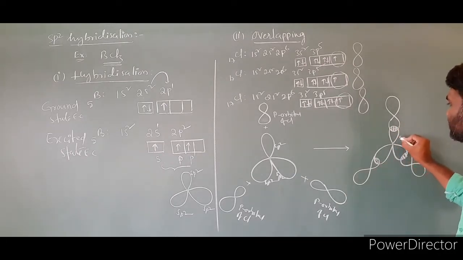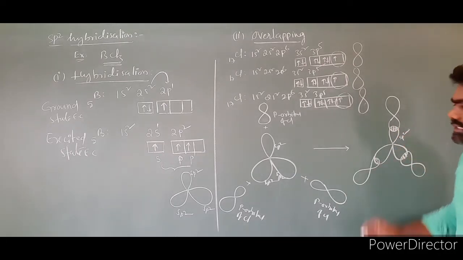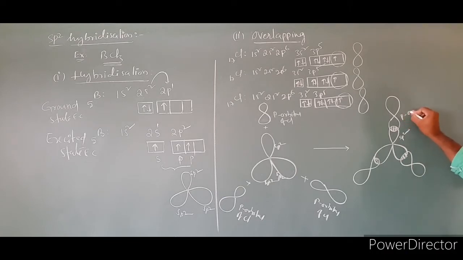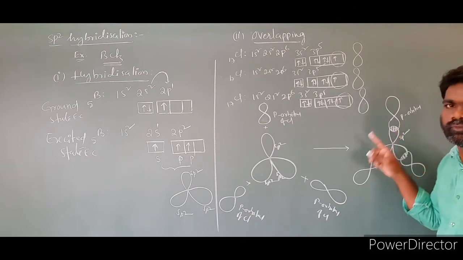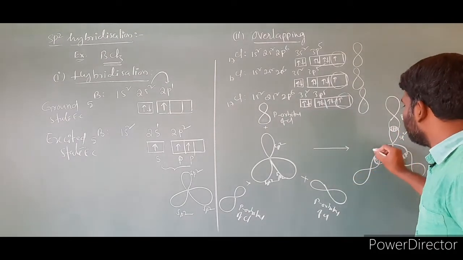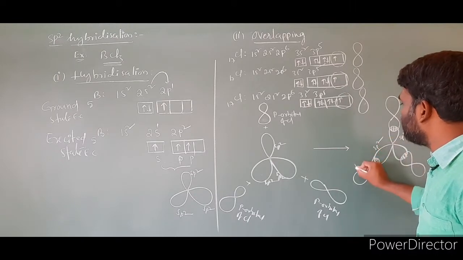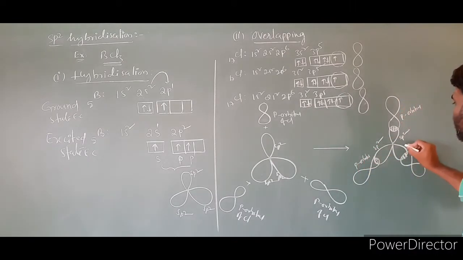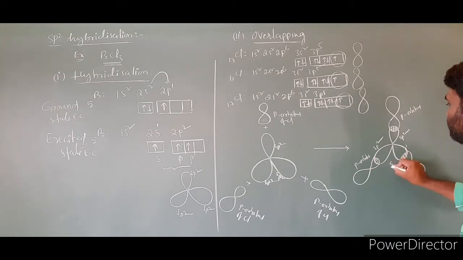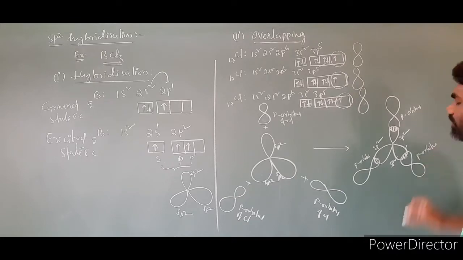So this is an sp2 hybridized orbital. This is a p orbital. The sp2 hybridized orbital of boron and the p orbital of chlorine are overlapped, and these two, this is also sp2 hybridized, this is a p orbital, overlapping.